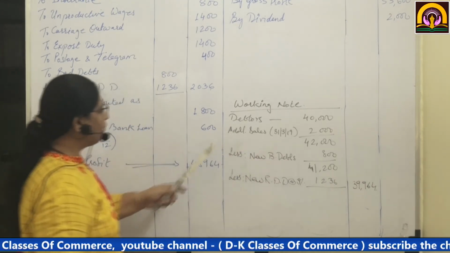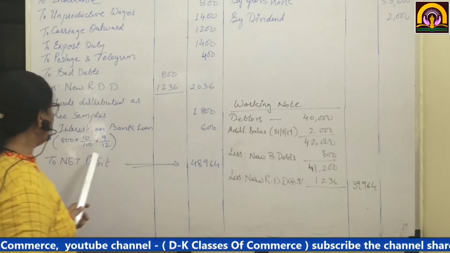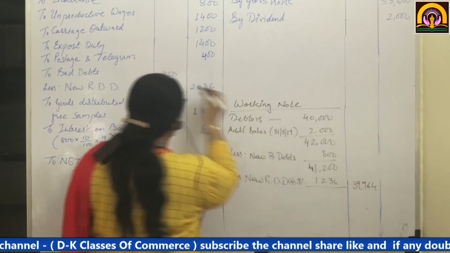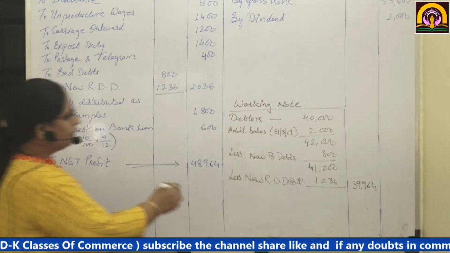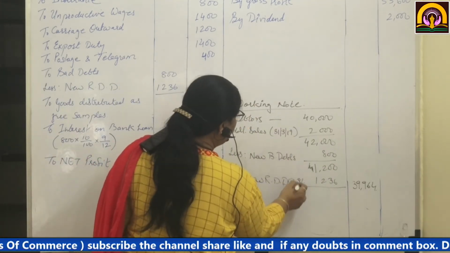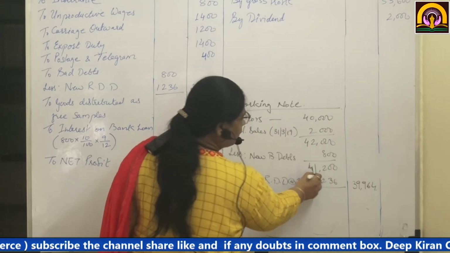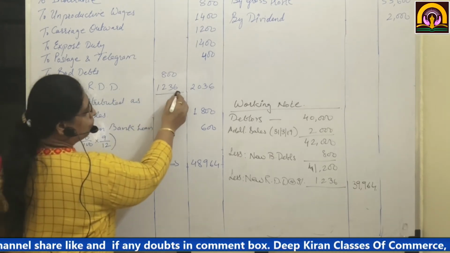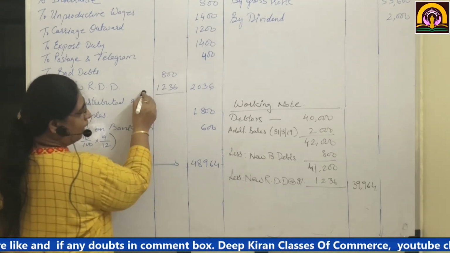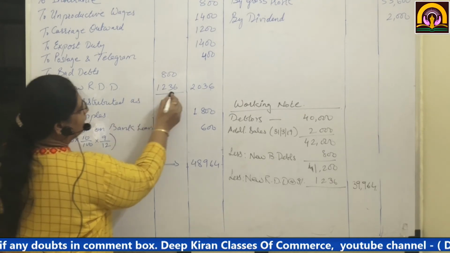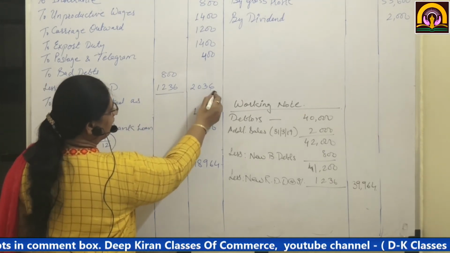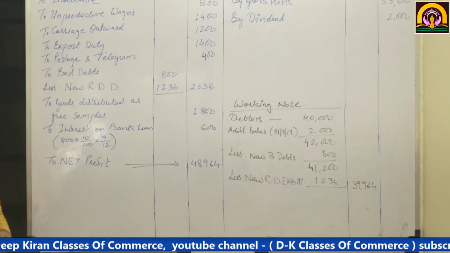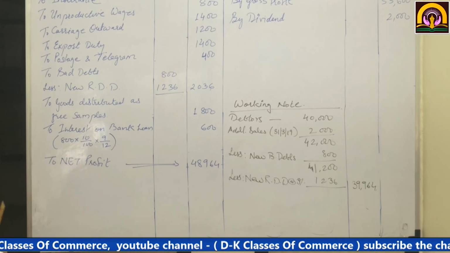I'm showing you why here, because we have taken here two items: bad debts 800, and we have created new RDD on rupees 41,200, that comes to 1,236. So we have taken it over here, and this totals up to 2,036. Then goods distributed as free samples, we have taken to the trading account credit side.